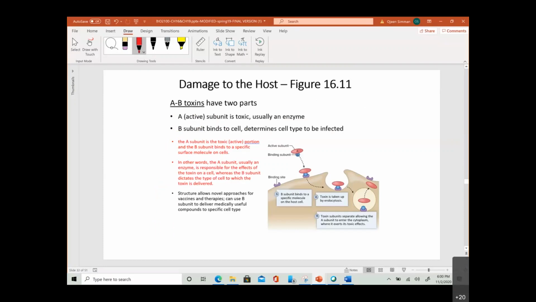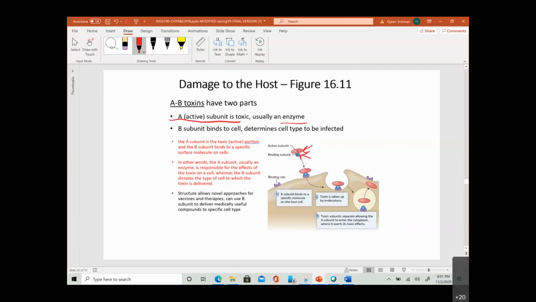AB toxins are exotoxins that have two parts or two units. The A, or active subunit, is the toxic part, and it's usually an enzyme, and you can see it right here. The B part stands for binding.